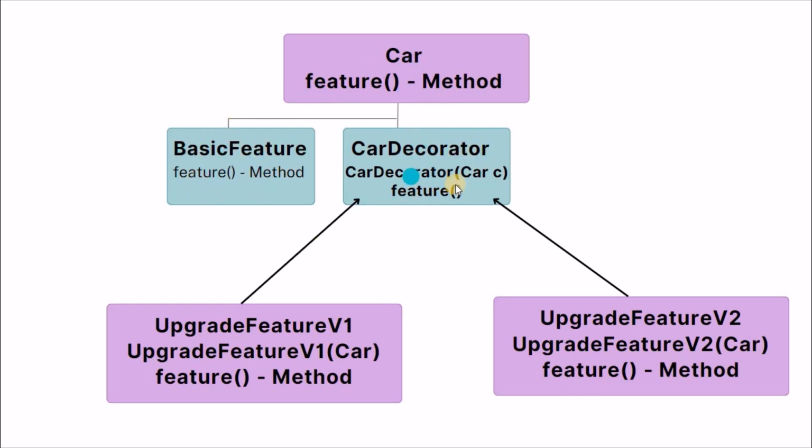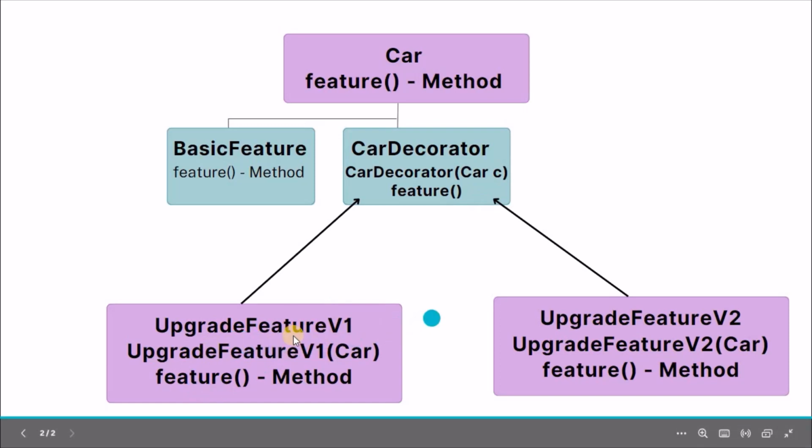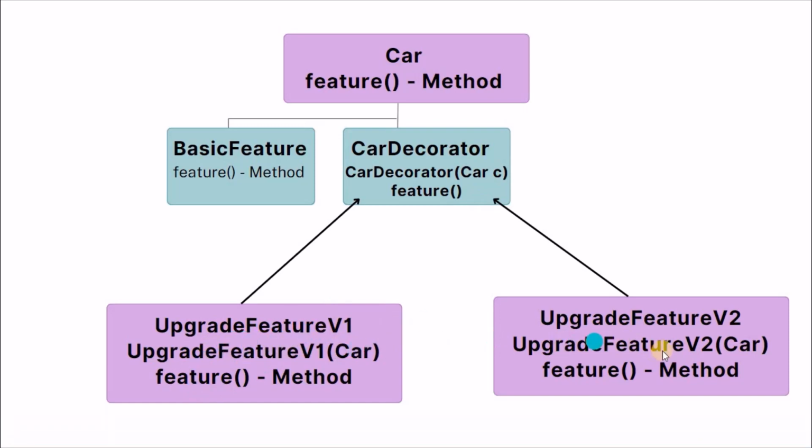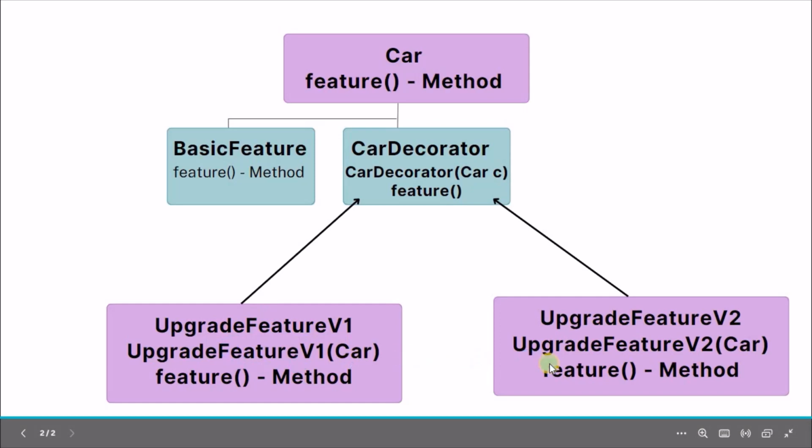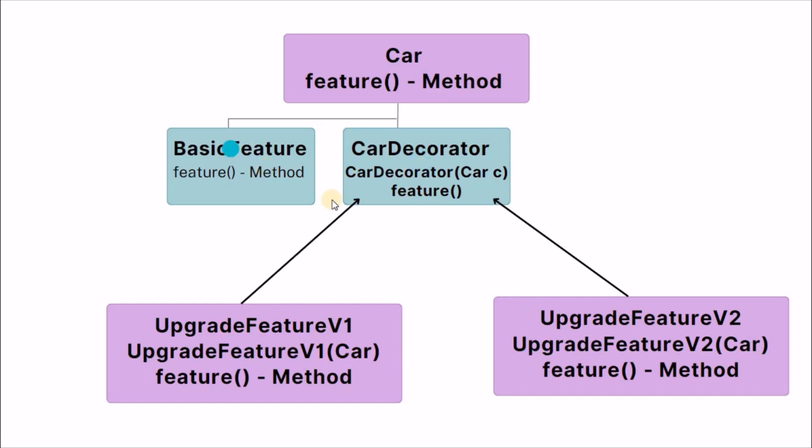Then we create one CarDecorator, to which we pass an instance of the car, and it also has feature. Here we create the upgrade features, version 1 and version 2, and with the car decorator we can use the basic feature and then version 1 and version 2. This is the basic pattern.